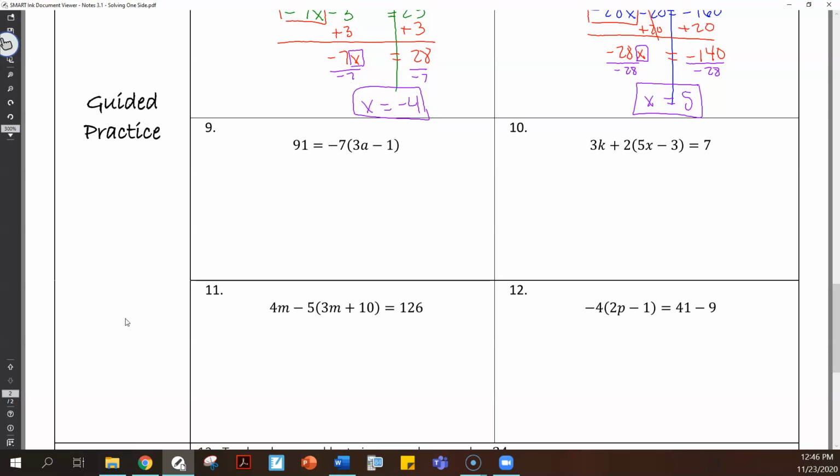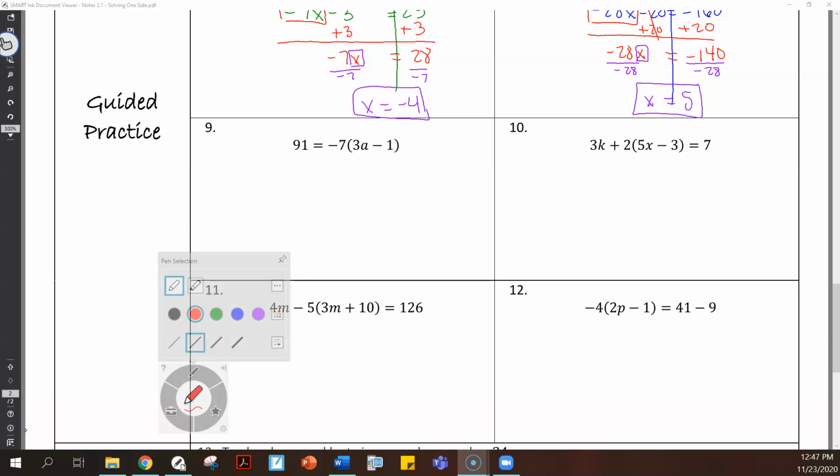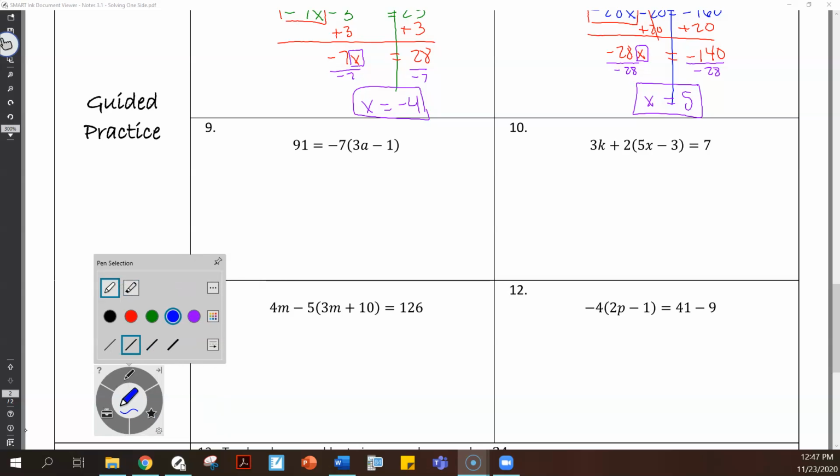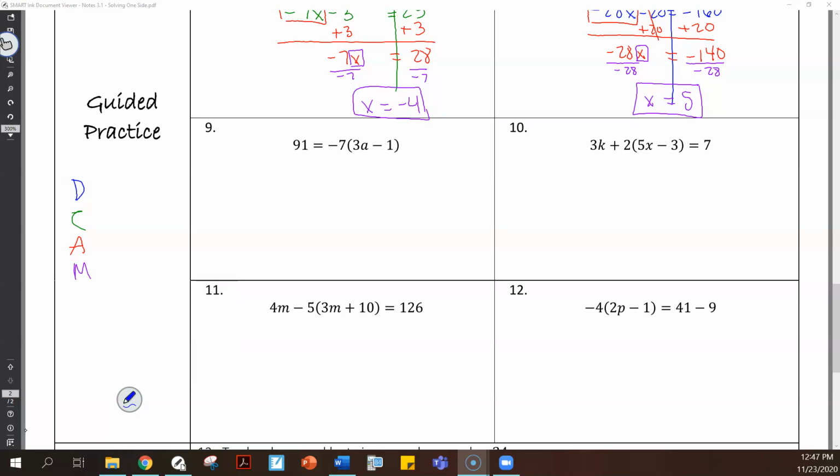Go ahead and try these 4. Remember that the general steps for this are to see if you need to distribute. Remember we can use Don't Call After Midnight to help us remember the steps. D reminds us to distribute.